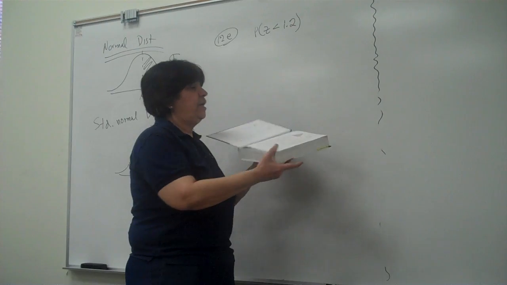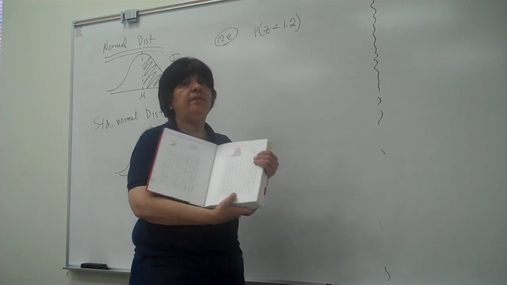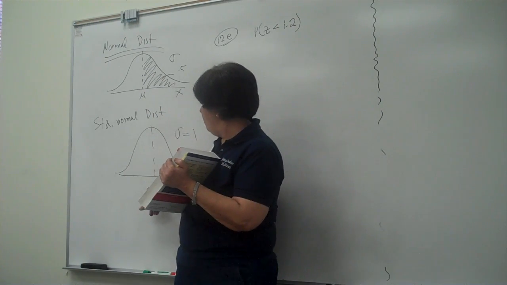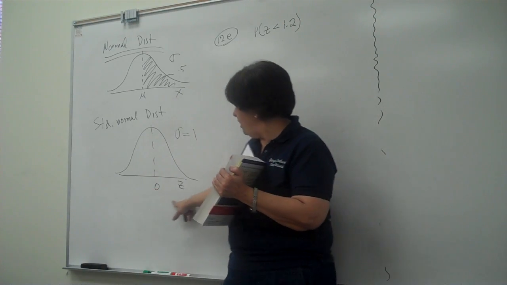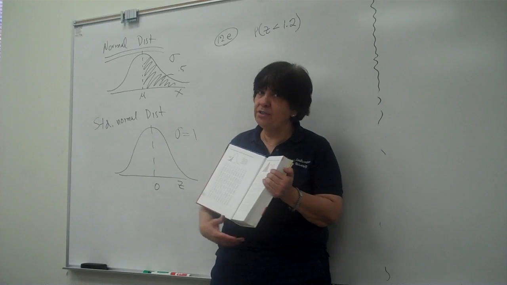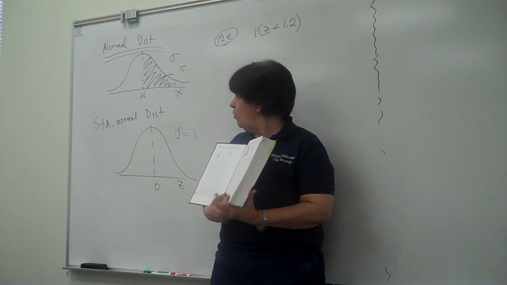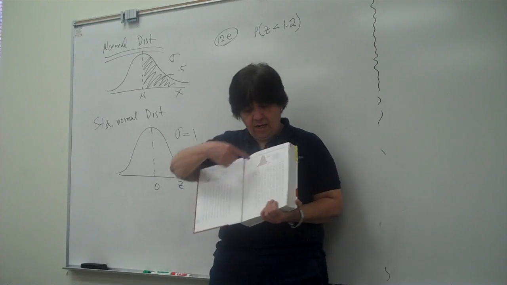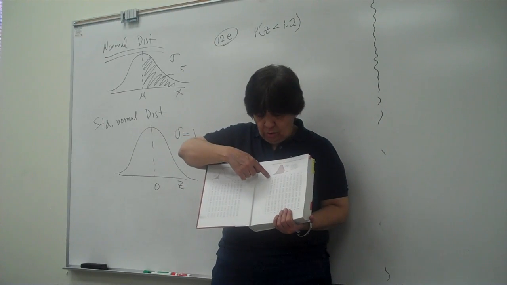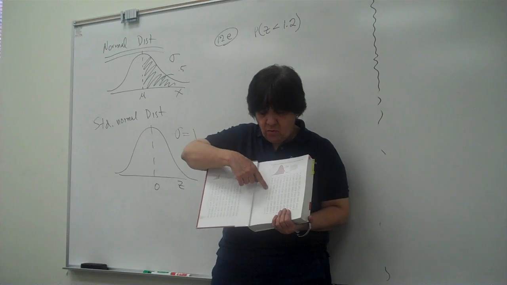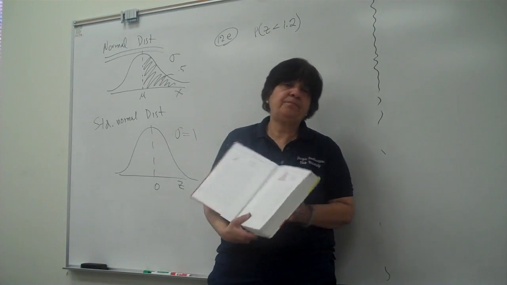If you see the tables, remember, the mean is 0, so these numbers over here are negative, and these numbers over here are positive. Since we are dealing with the positive side, we are dealing with the right side of the table, and we are going to look for z equal to 1.2.